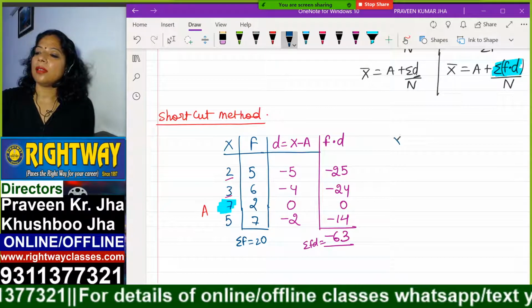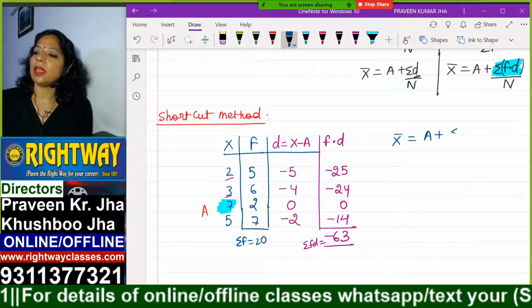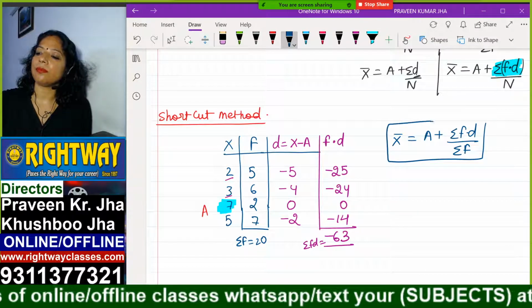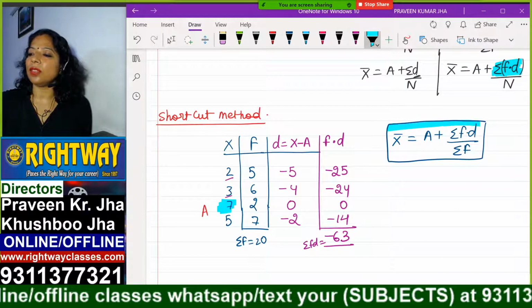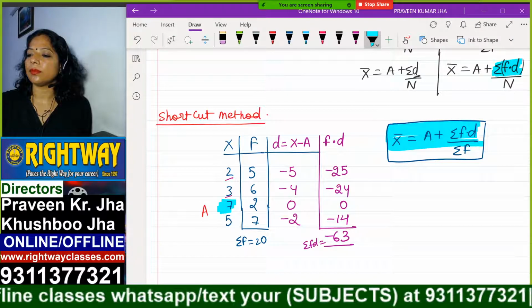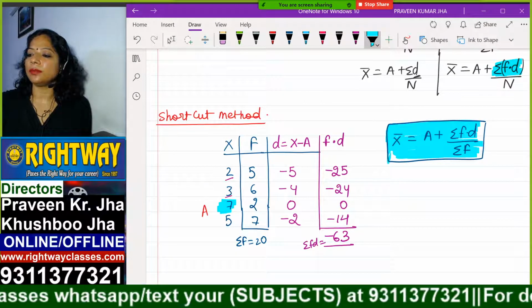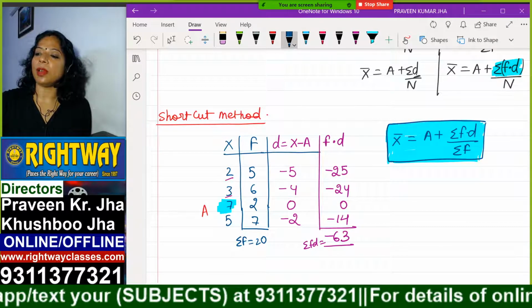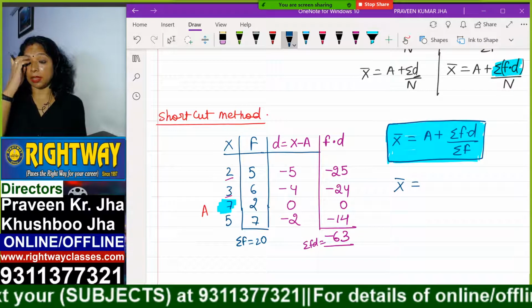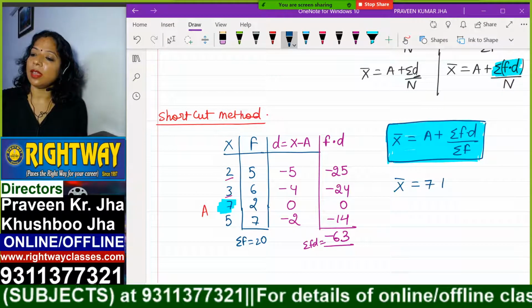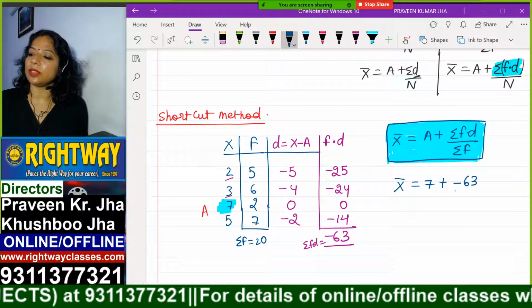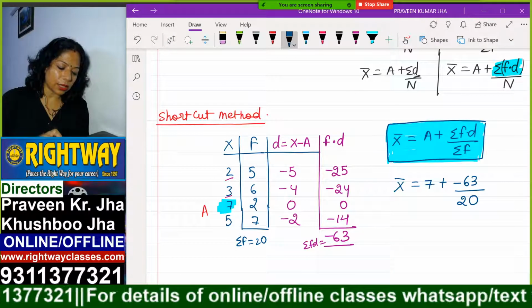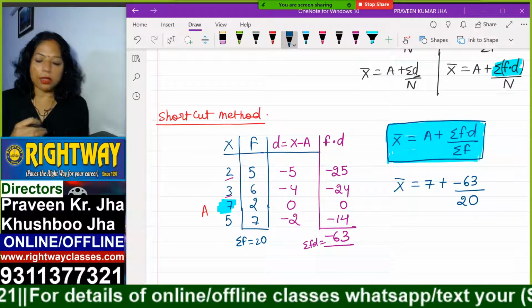So here mean is equal to a plus summation fd upon summation f. According to this formula, what should we write here? In place of a, we should write 7. And what is summation fd? Minus 63, by summation f, which is 20. Now 63 divided by 20 is 3.15.